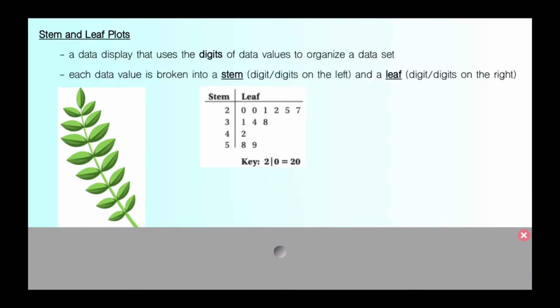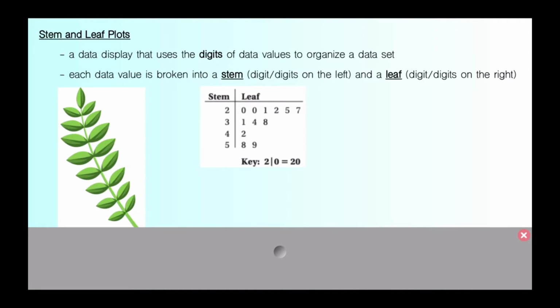All right, in case you're a note taker or need to visualize what I'm saying, a stem and leaf plot is a data display that uses the digits of all the data values to organize the data set. Like I said, we previously did a data display called a dot plot. That took each data value and represented it with a dot on a plot.